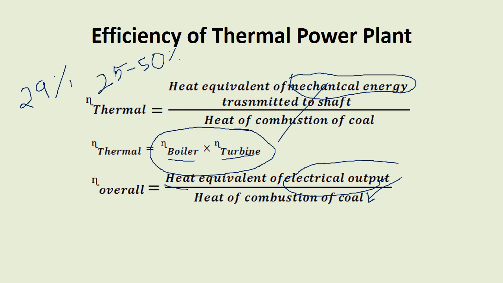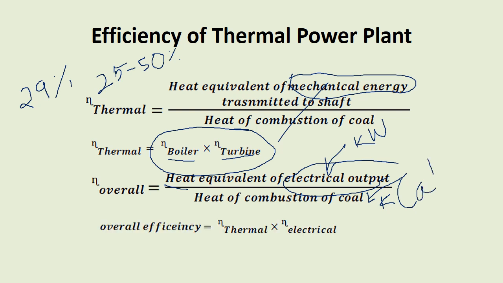Because you are converting heat energy into an electrical quantity, you must have an equivalent. The electrical output is in kilowatts, and the combustion is in kilocalories, so you must convert kilowatts into calories to calculate the overall efficiency.